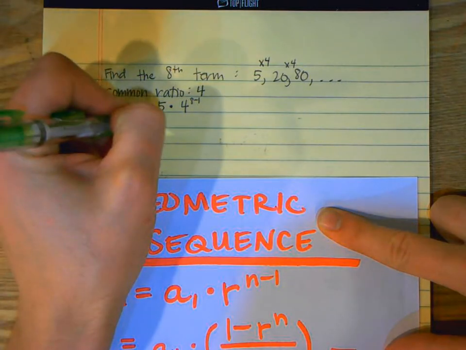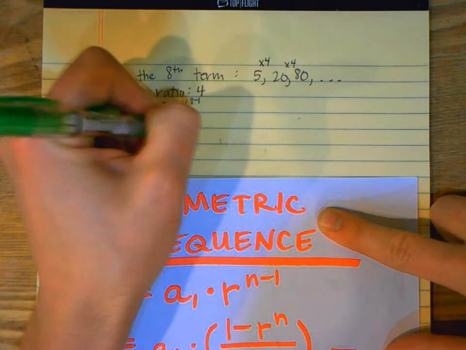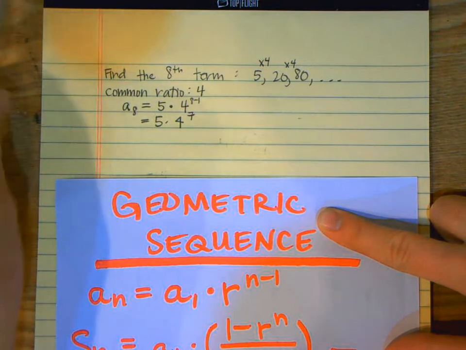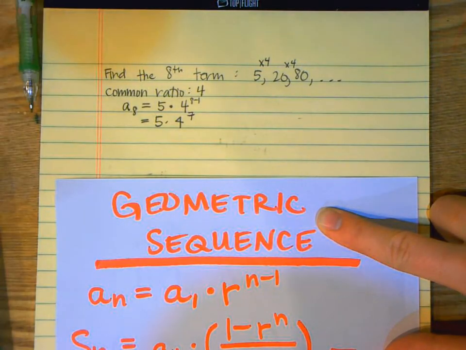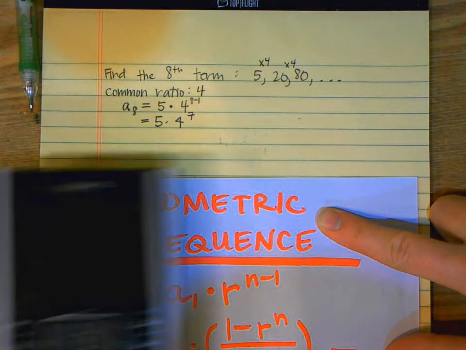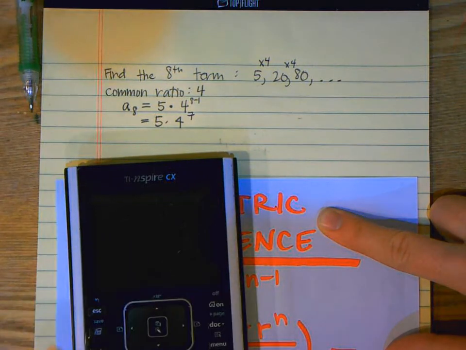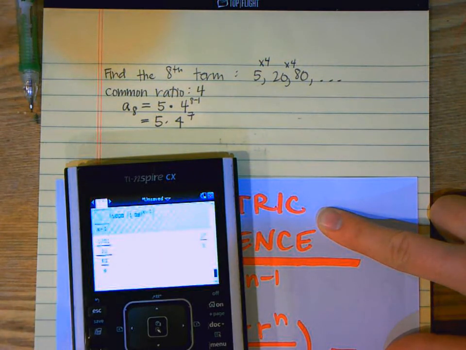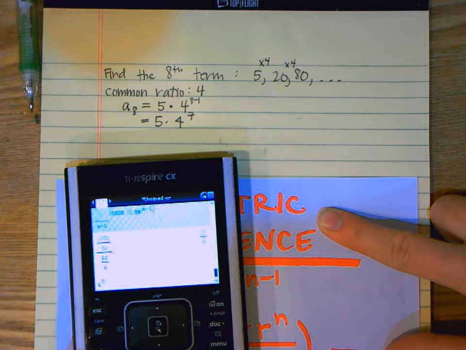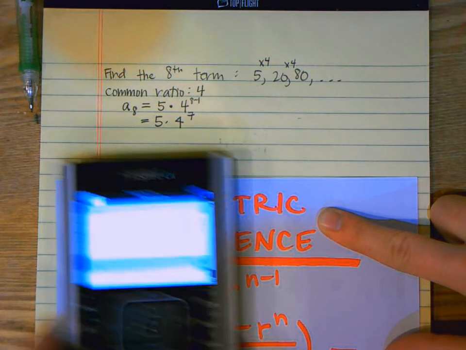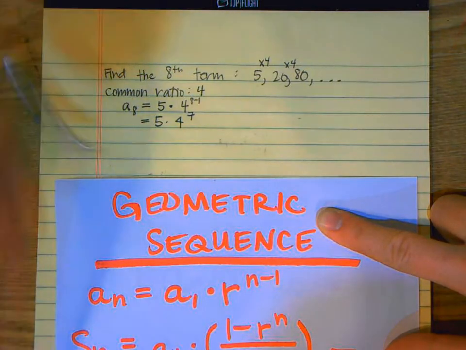Well, now when I want to solve that, it's going to be 5 times 4 to the 7th power. That is not something that I would expect you to know or calculate on your own, so you can use your calculator. And when I do 4 to the 7th power times 5, I get 81,920.